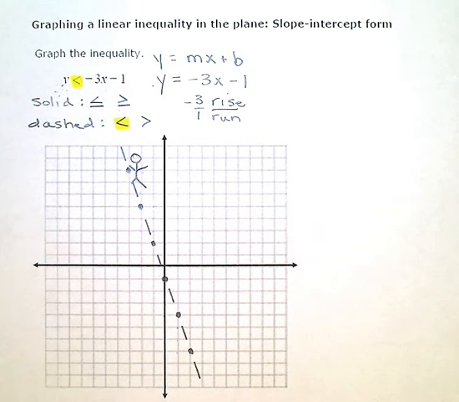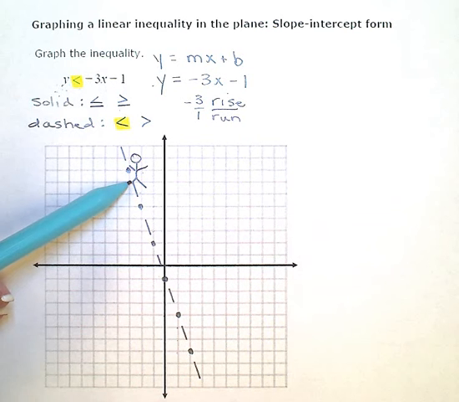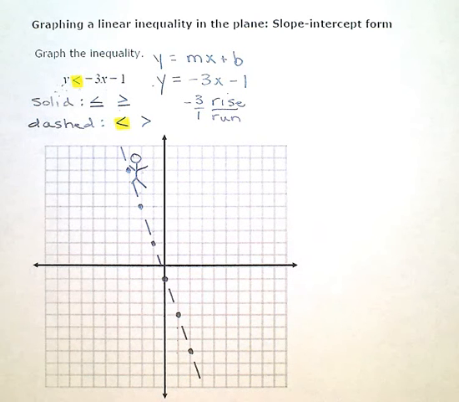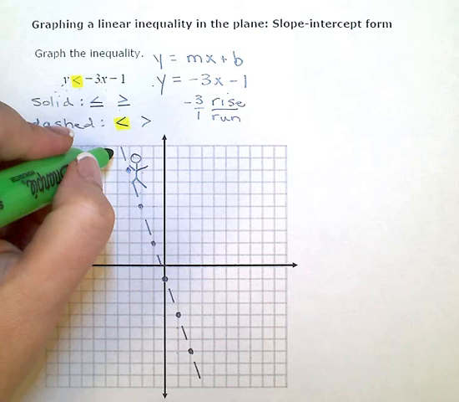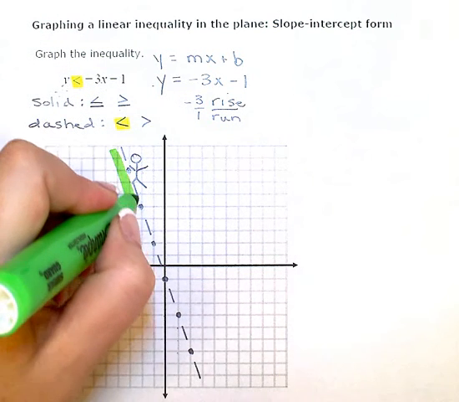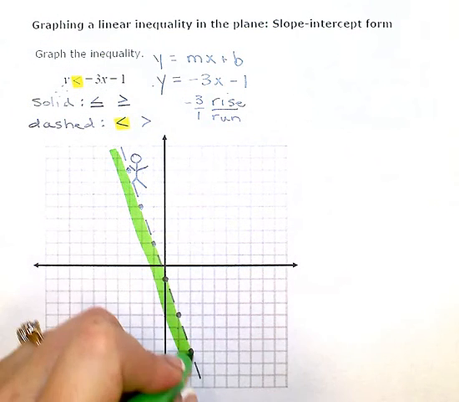So I'm going to shade what would be below me if I was standing on this steep hillside, the mountain. So I would shade this side of my graph.